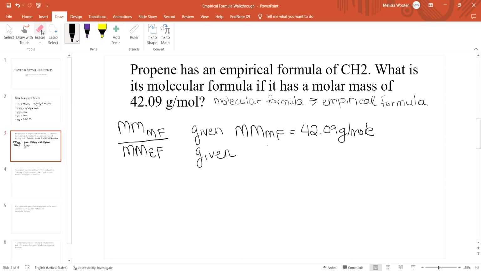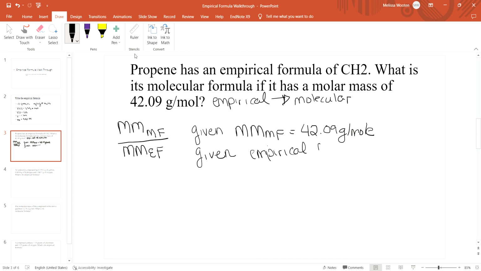I wrote that first part backwards. You are getting the molecular formula. Sorry. You were given the empirical formula. So you're given the empirical, and you're going to molecular. Sorry, wrote that backwards. You are given the empirical formula of CH2.